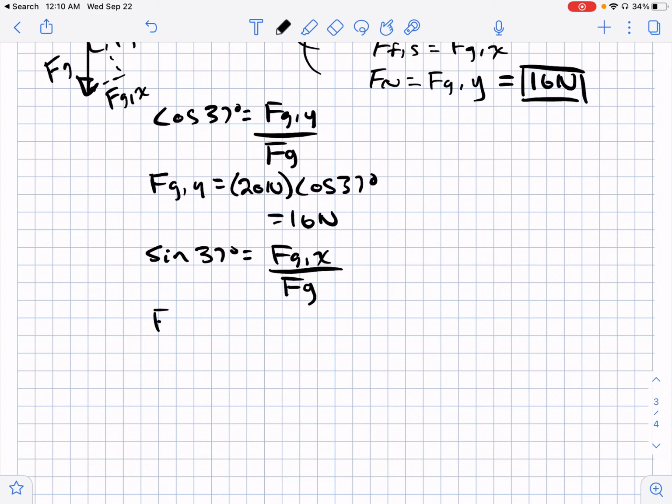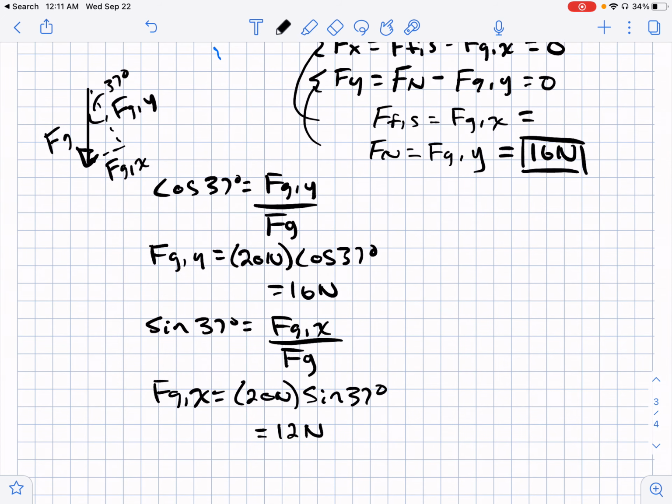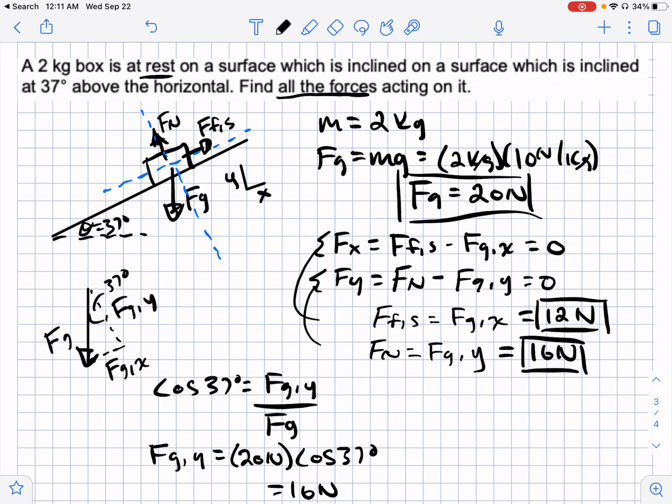So my x component is going to equal 20 newtons times sine 37 degrees. And if I plug that in, you should end up with 12 newtons. So the x component equals my static friction, and that equals 12 newtons. So now we have found all of those forces on this box.